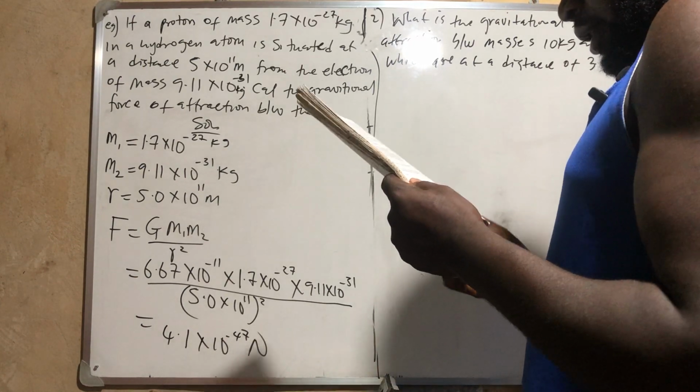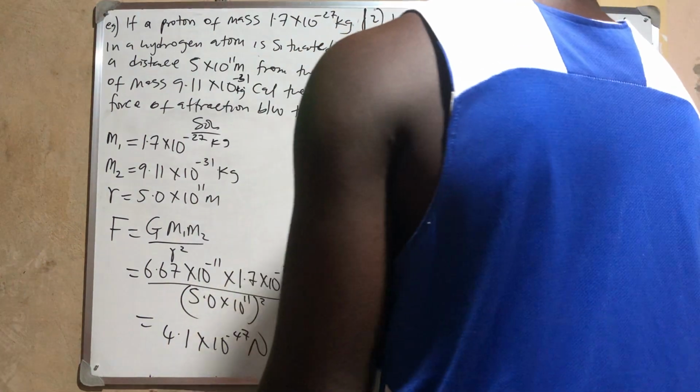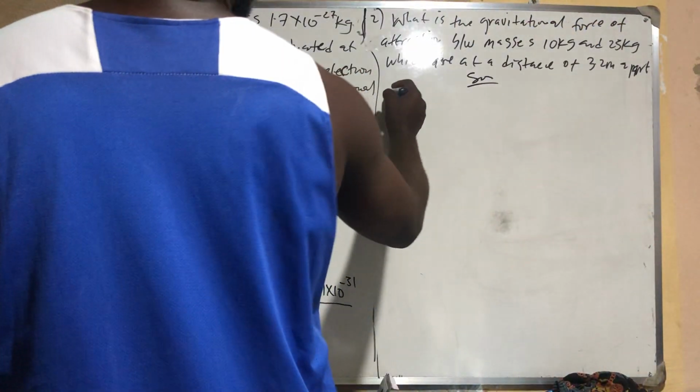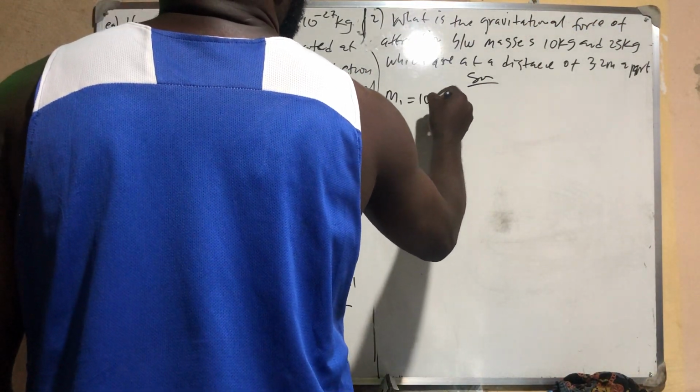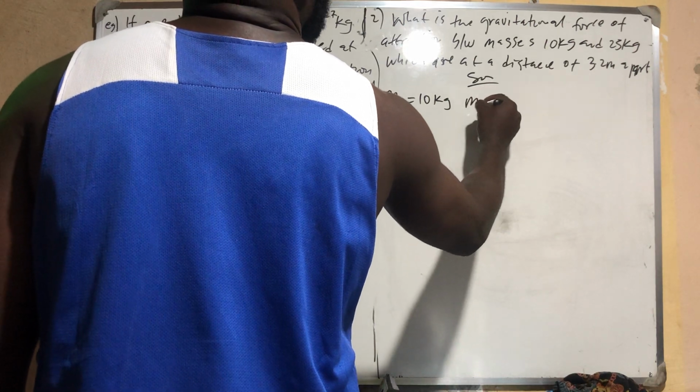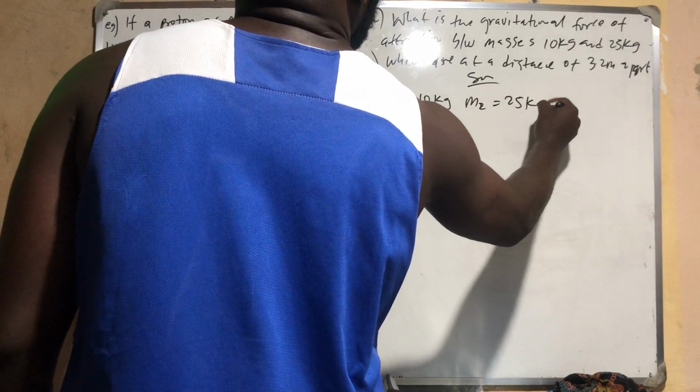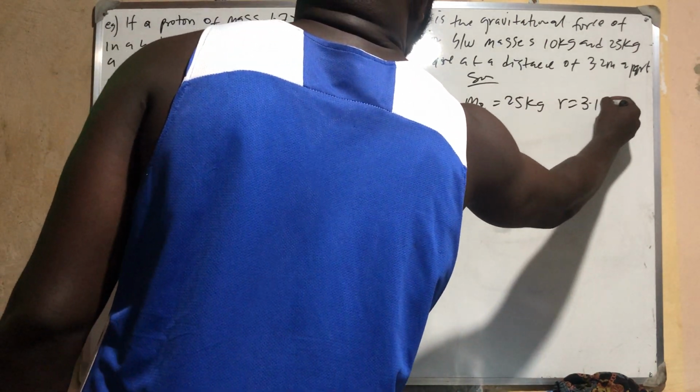Okay, at a distance of 3.2 meter apart. Solution. The first thing they gave me is my M1, which is 10 kg. They gave me my M2, which is 25 kg. And they gave me their distance apart, 3.1 meter.